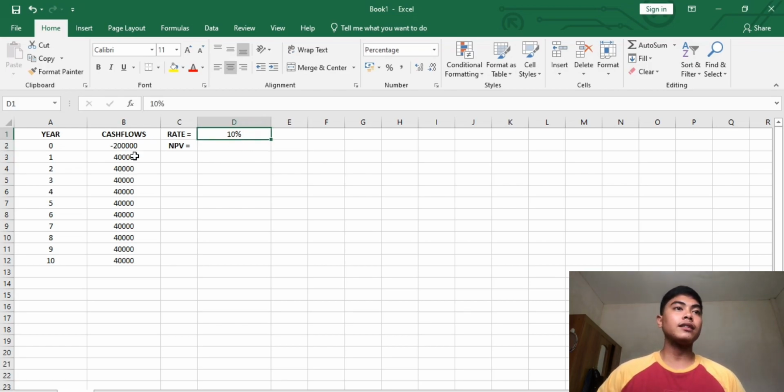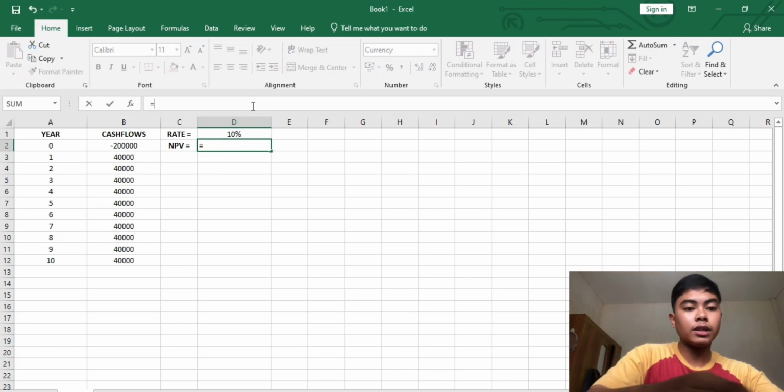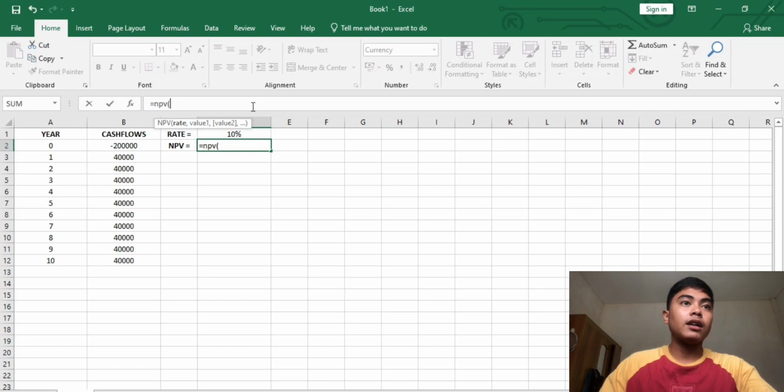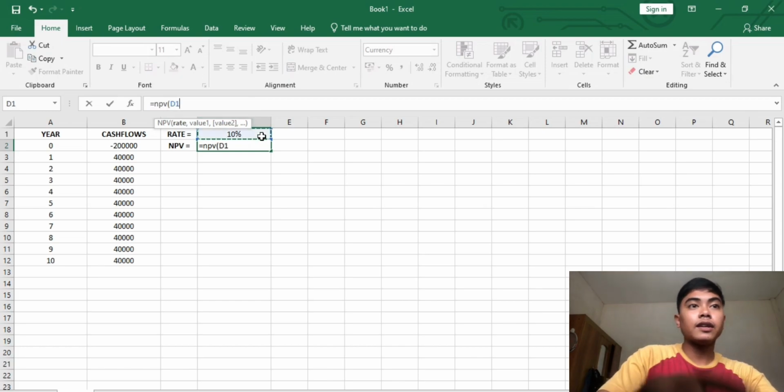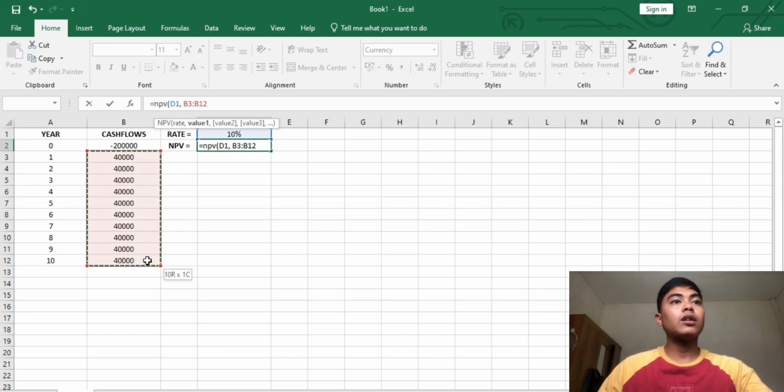So to compute for the NPV, we have here the example by which we have the rate of 10%, and these are our matured cash flows. So first, as always, we need to input the NPV, and then open parenthesis, then we input the rate, and then after that we are going to put in the year 1 to year 10, which is placed under the B3 to B12.